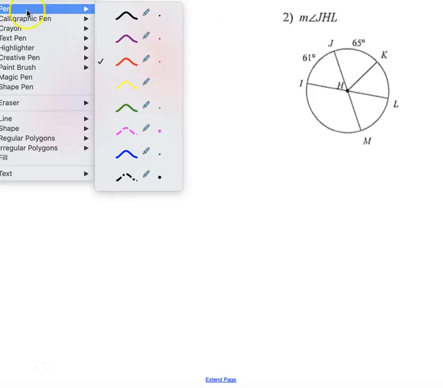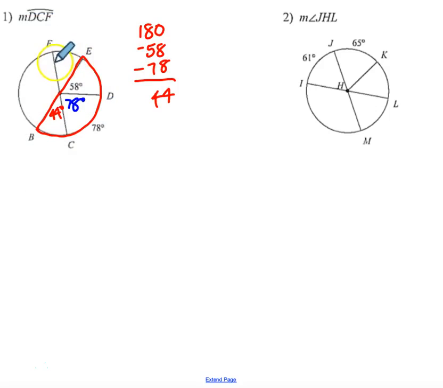Now I can keep looking for semicircles to find missing angles, and right here I have another semicircle, which I know is another 180 degrees. I have this little part that's 44, so if I subtract that 44 degrees, I end up with 136 degrees.